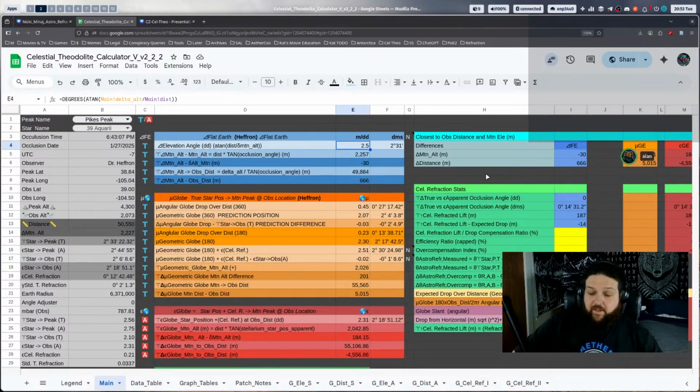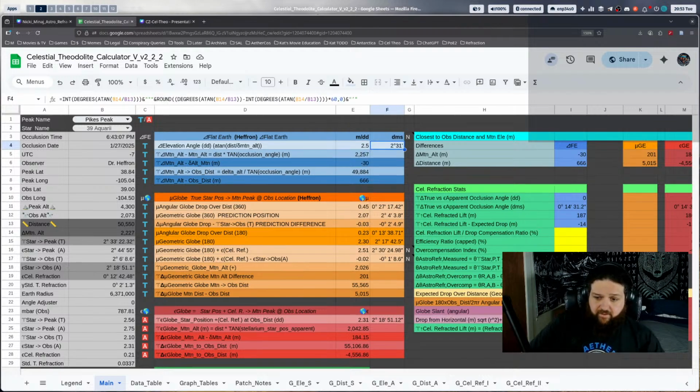Interesting. Oh, sorry. They do share the distance as well. So they share distance and occlusion time. So those two factors, right? The factors that are dictated by the rise over run prediction. Now we see like, okay, well, now we're off by a little bit. And this is the amount of actual refraction is why. It directly relates to our angle.